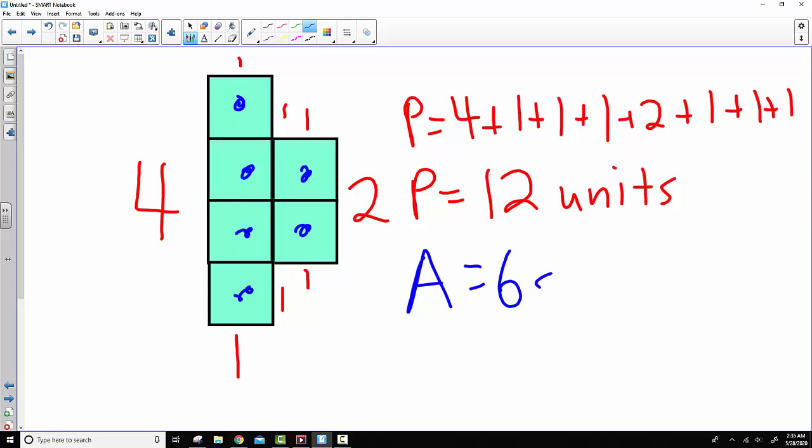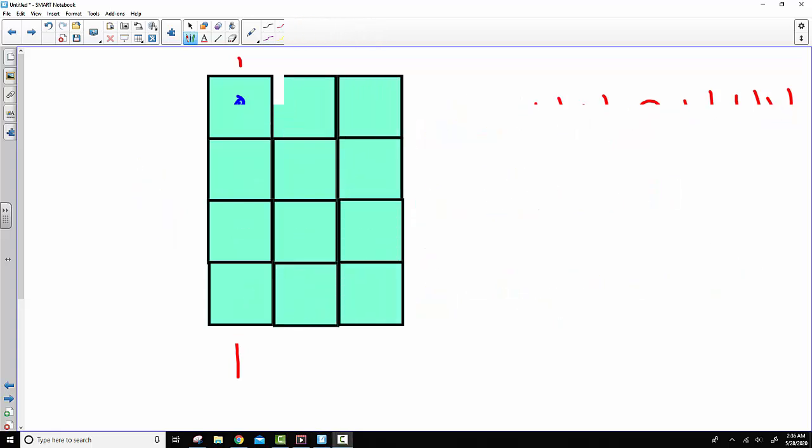There are 6 square units in this area. So we're beginning to see that the perimeter is the outside edge. The area is the interior of the figure. And the numbers of perimeter and area most often are not the same.